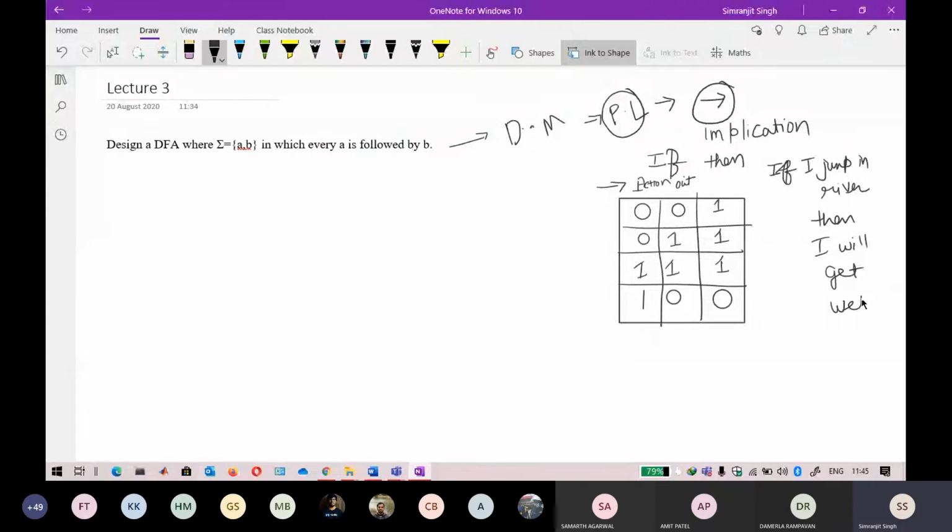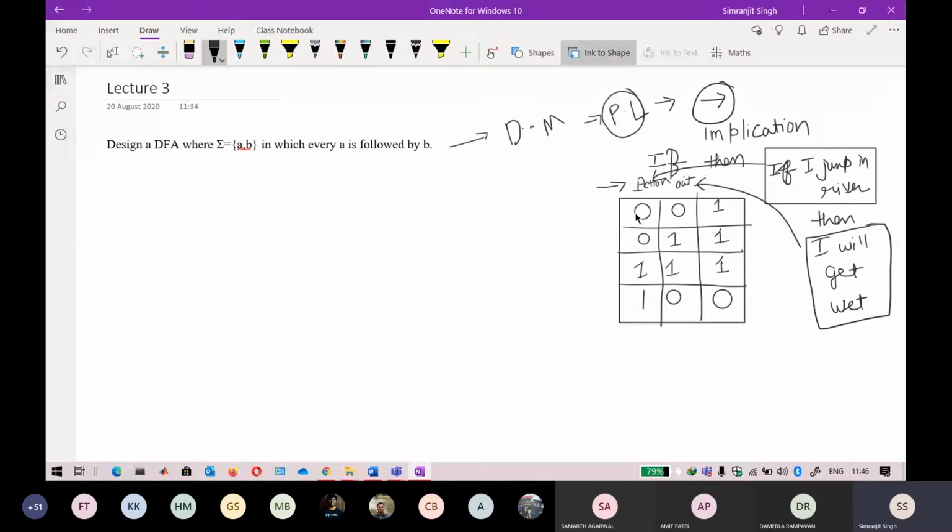The first part is your action, if you jump in the river, and the second part is the outcome of that action. If you read this table carefully, the action here is if I jump in the river, and the outcome here is then I will get wet. So please replace these statements.